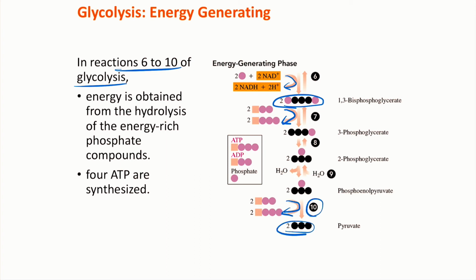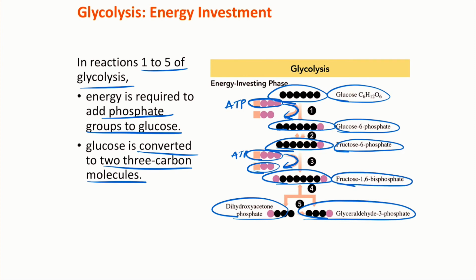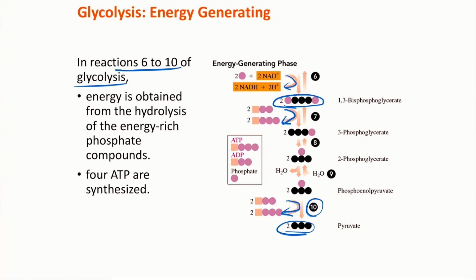Finally creating the pyruvate. So you start with glucose, which gets converted to glucose 6-phosphate, and then undergoes another reaction to form fructose 6-phosphate. The fructose 6-phosphate then becomes fructose 1,6-bisphosphate, and then creates dihydroxyacetone and glyceraldehyde 3-phosphate.